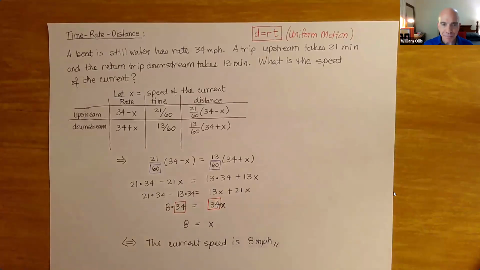So let me share my screen. The first type of problem that I want to cover is the time, rate, distance. And what I want to do is show you how you can set up one of these problems and actually work to a solution that you can do confidently.